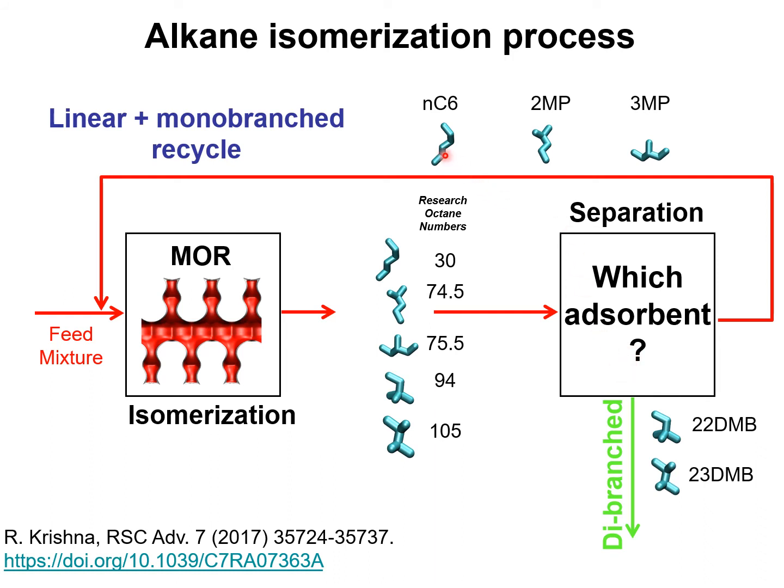The first fraction consisting of normal hexane, 2-methylpentane, and 3-methylpentane is recycled back to the isomerization reactor, whereas the di-branched isomers 2,2-DMB and 2,3-DMB can be recovered for incorporation into the gasoline pool. The question is, which adsorbent to use and what is the separation mechanism?